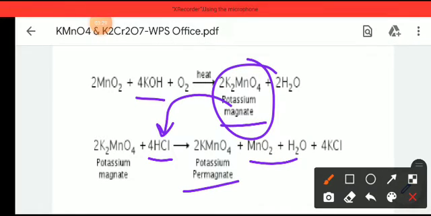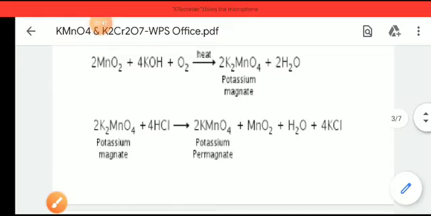These are the byproducts of this reaction. So in this process we can easily prepare potassium permanganate. This is a laboratory process as well.